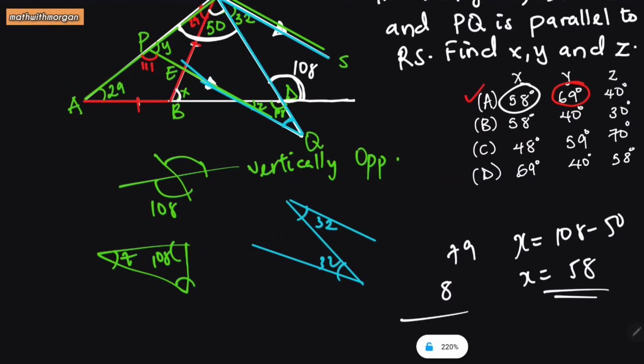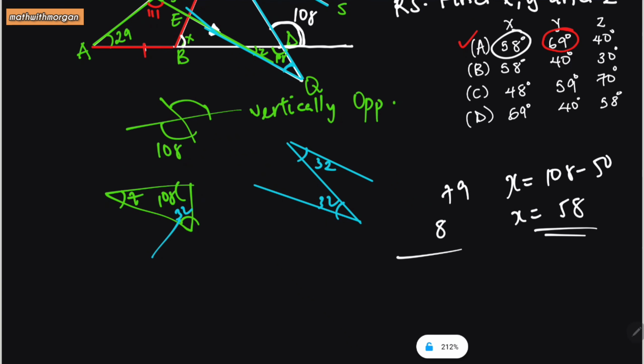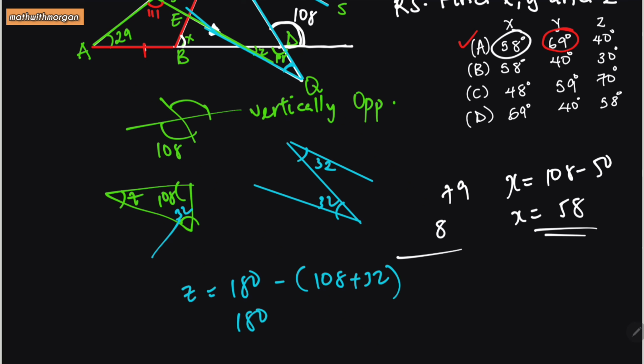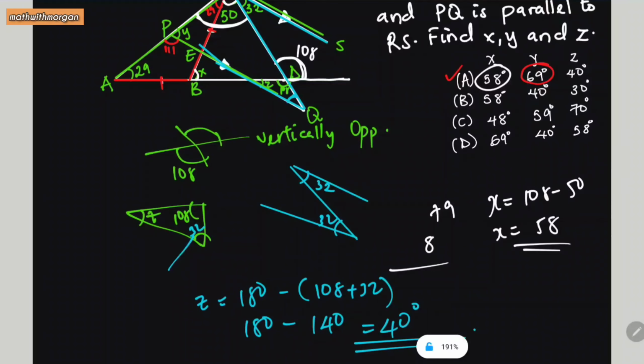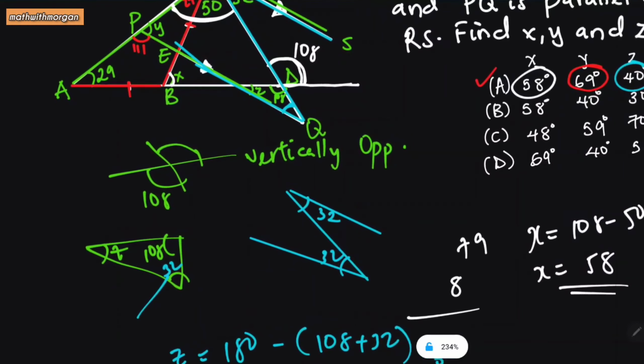I'm just going to fill that into the triangle that we are using at the moment, right here. This is going to be 32. And in a triangle, we know that all three angles add up to 180 degrees. So z would be equal to 180 minus 108 plus 32, which is 180 minus 140. So that would be 40 degrees. And that's how we get the answer z being equal to 40 degrees.